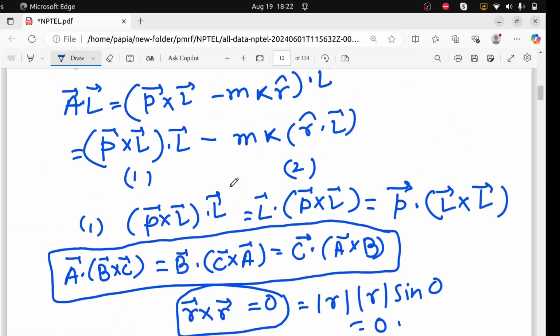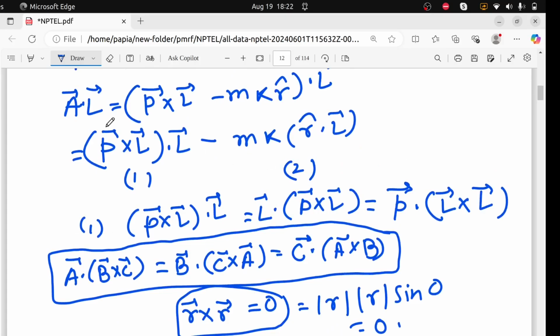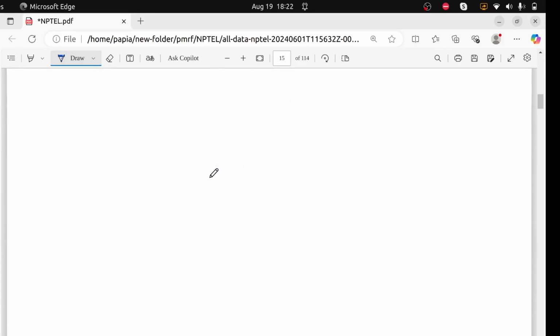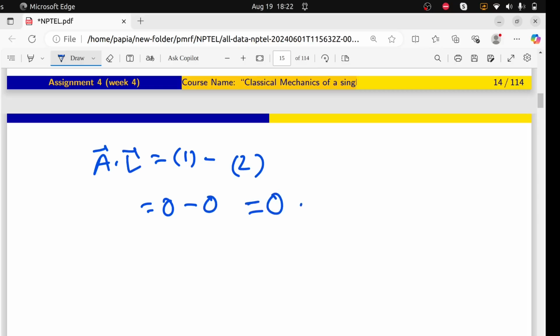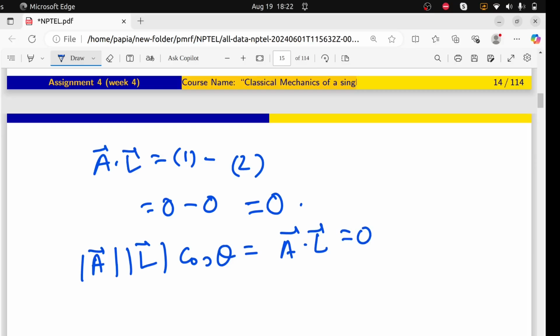So we had 1 and 2. So A dot L is 1 plus 2, and that is also giving 0. So as a whole I have the answer 0. So that means cos theta equals A dot L over mod A mod L, which is 0.